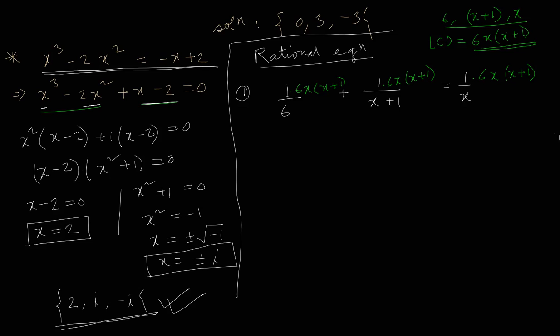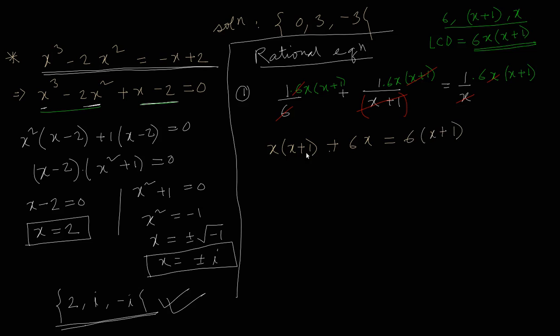Now let's see if I can eliminate some terms. Here this 6 and this 6 cancel out. Here this x plus 1 and this x plus 1 cancel out. Here this x cancels out. So what I am left with is x multiplied by x plus 1 plus, in the second term, only 6x equals, in the third term, 6 multiplied by x plus 1.